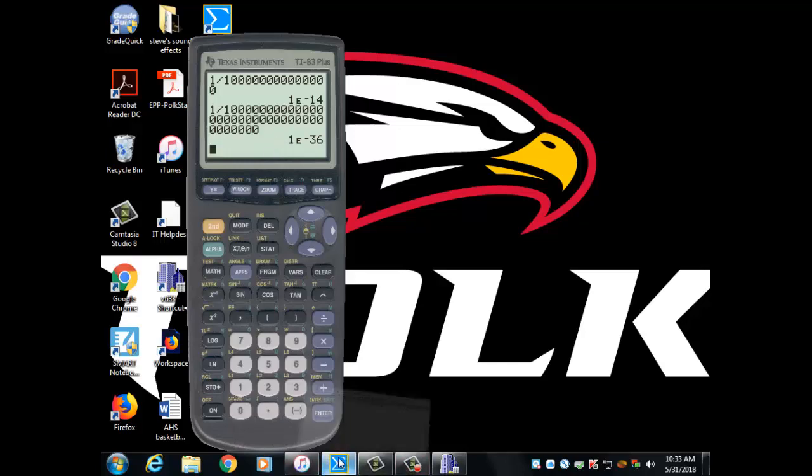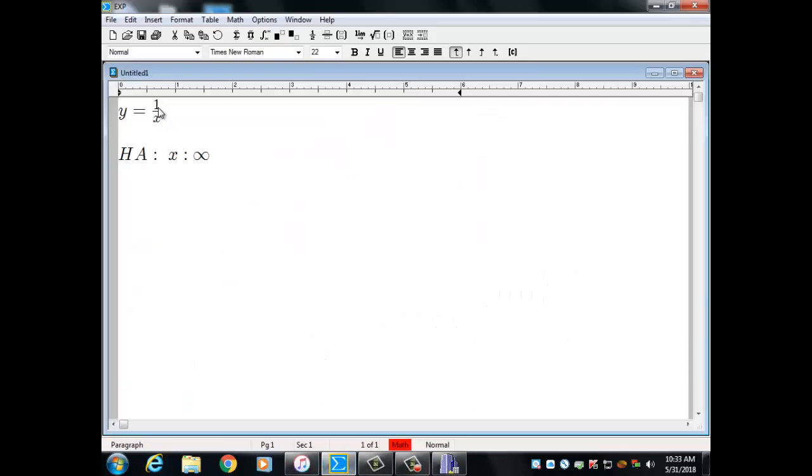Now, here's my question for you. Does it matter whether this is a 1 or whether this number is 18? Do we agree? It's still going to have a horizontal asymptote of y equals 0.